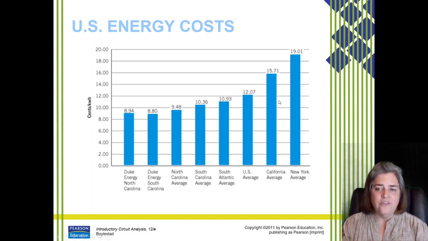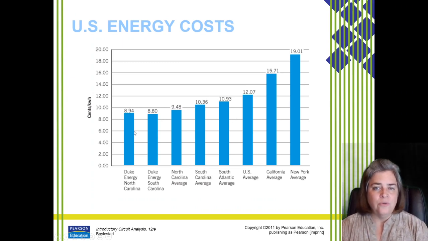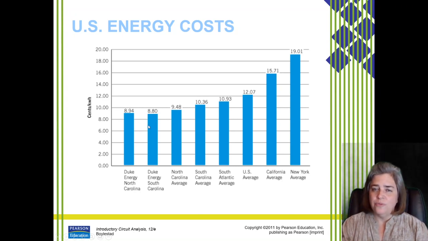Now, the energy costs in the country, this is a fairly old graph, but you can see that North and South Carolina, our energy costs are pretty low compared to the rest of the country, particularly for Duke Energy. And when you get to California and New York, of course, you're paying a premium for electricity there. So you might want to check and see what you're paying per kilowatt hour on your bill the next time it comes in.